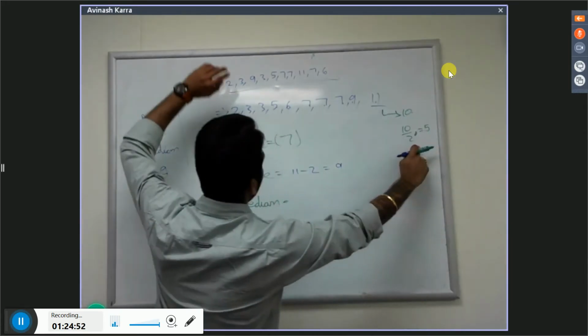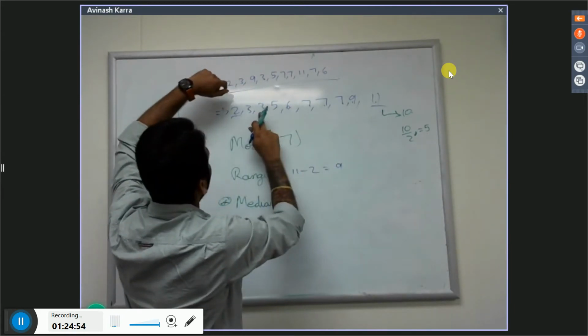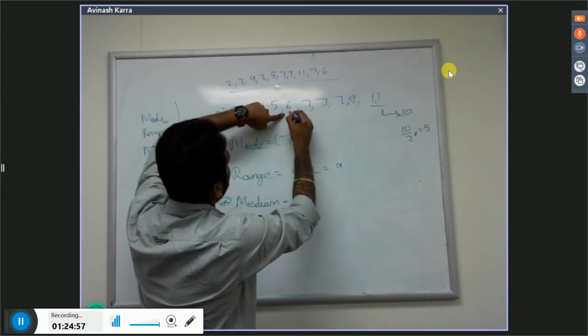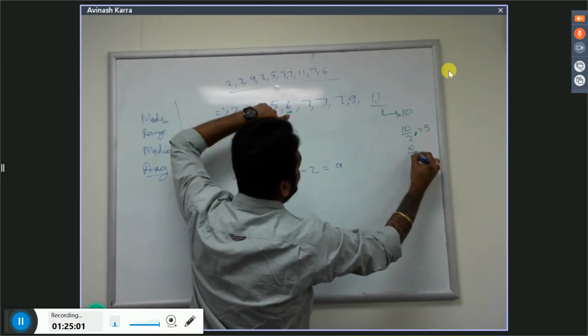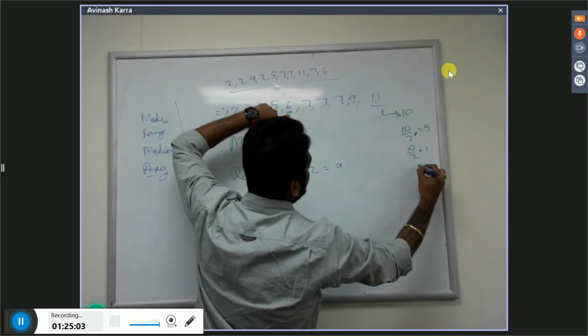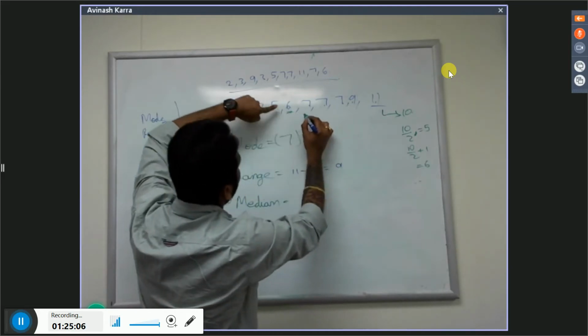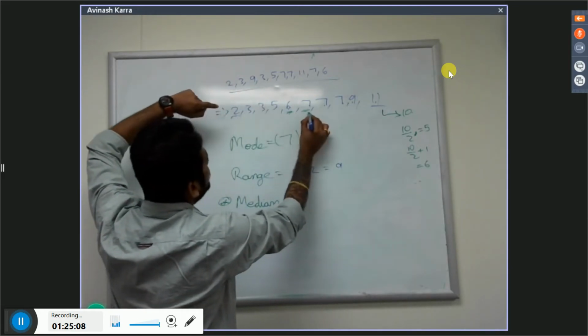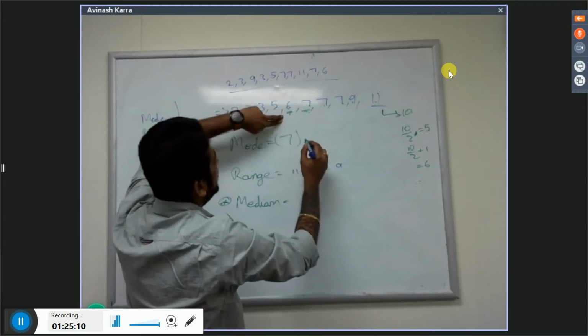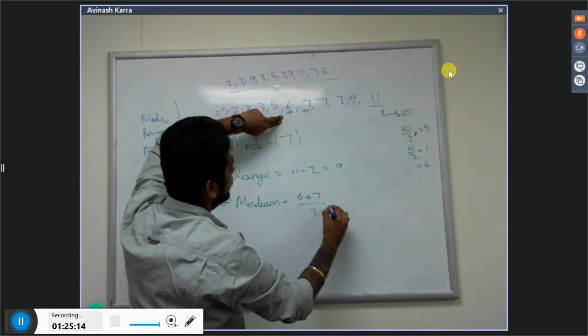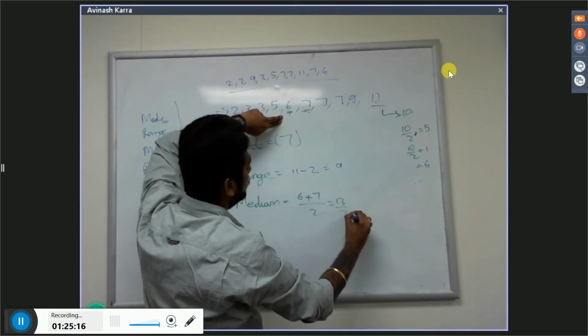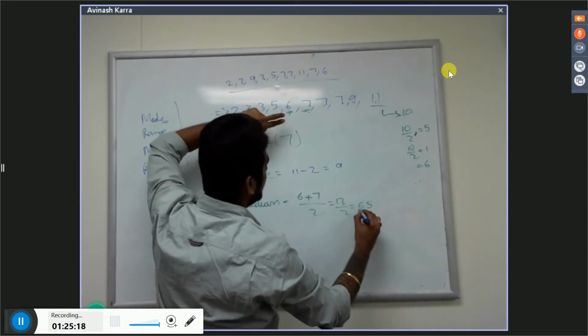Take the fifth value and also the 10 by 2 plus 1, nothing but 6, the sixth value. Add these two numbers and divide by 2. 6 plus 7 by 2 is equal to 13 by 2, which is 6.5.